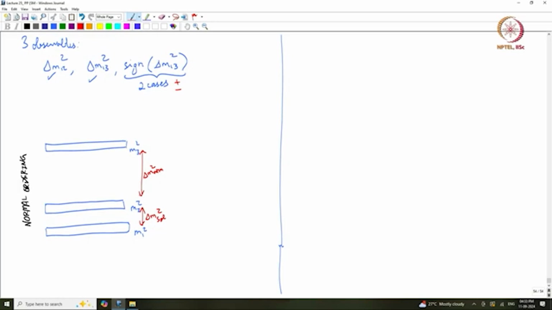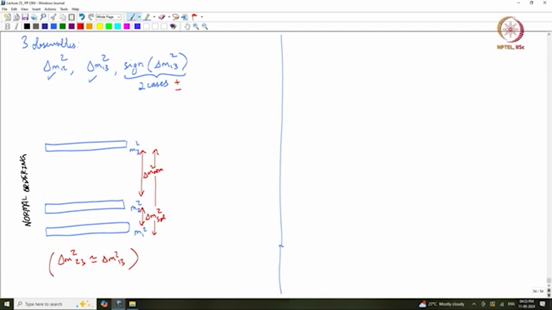It does not matter actually, you can call it between 1 and 3 or 2 and 3. Why? Because the difference between 2 and 1 is so small compared to the difference between 1 and 3 that both of them are roughly equal anyway. m23 squared is roughly equal to this, I will write it down so that there is no ambiguity.